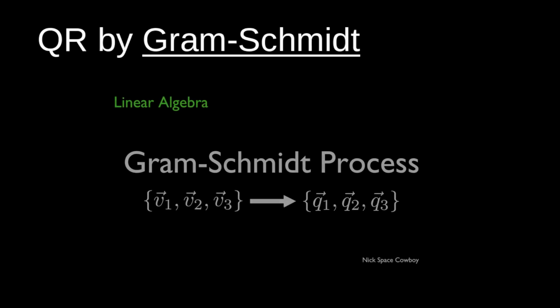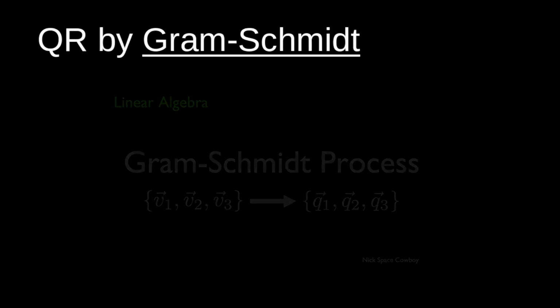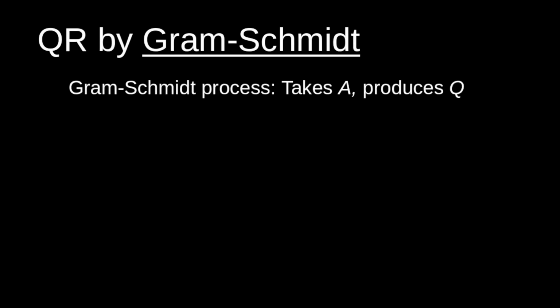Now, I have done a whole separate discussion on the Gram-Schmidt process, much more in depth. I'll encourage you to reference that if you need a refresher or a little bit more information than what I'm going to provide here, because I'm not going to go too in depth with this particular method. But basically, the Gram-Schmidt process takes some square A matrix and produces an orthonormal matrix for us.